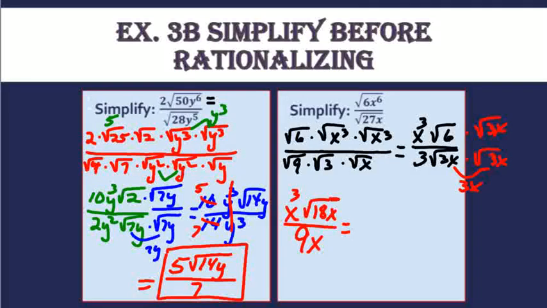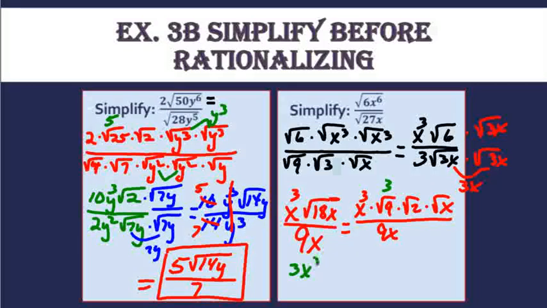So this would be rewritten as x cubed times the square root of 9 times the square root of 2 times the square root of x all over 9x. So my next step is to simplify the numerator. This gives you 3, so I have 3x cubed times the square root of 2x all over 9x.